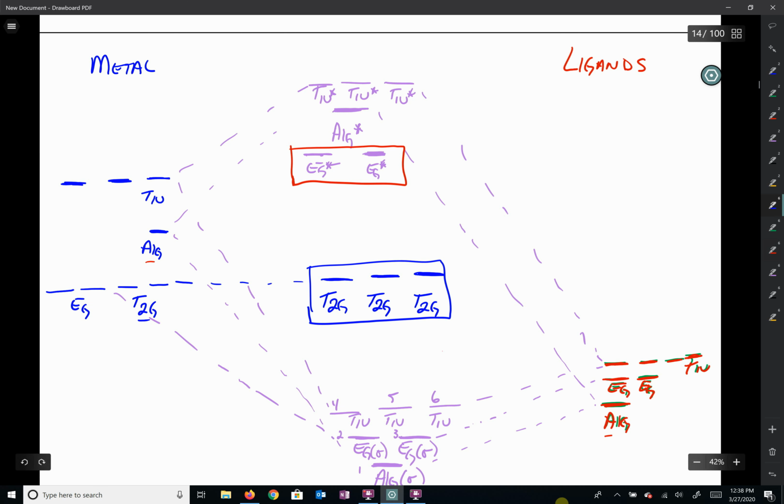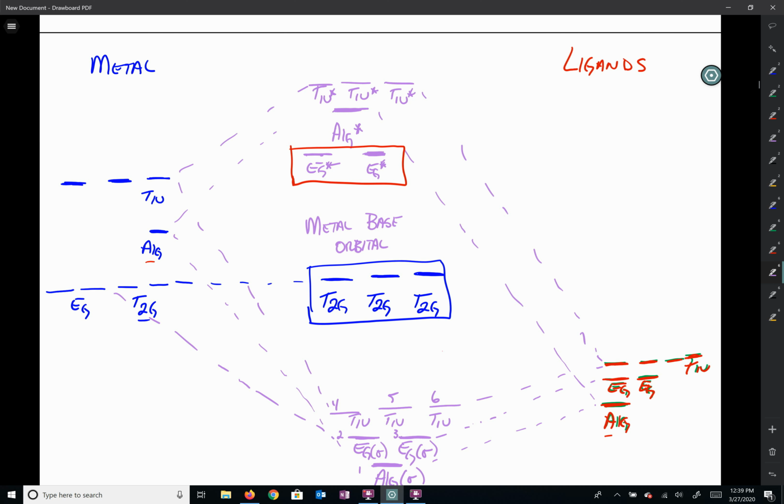Both the EG star set, okay, and the T2G set are metal-based. That means that these are more hanging out on the metal than they are on the ligands. And this is just a consequence of the closer in energy the orbitals are to their starting positions, right?